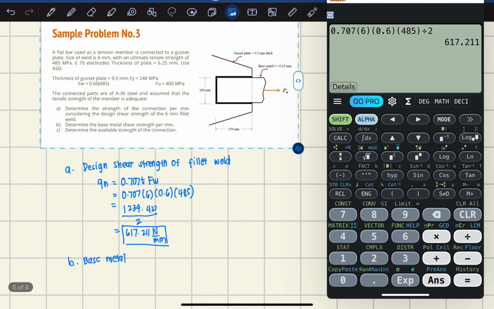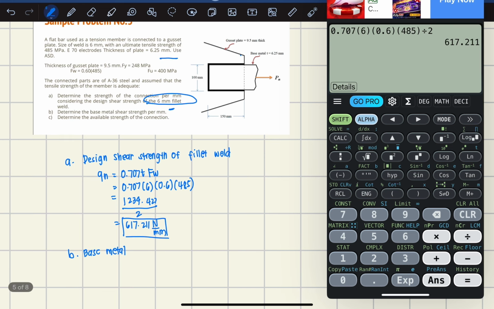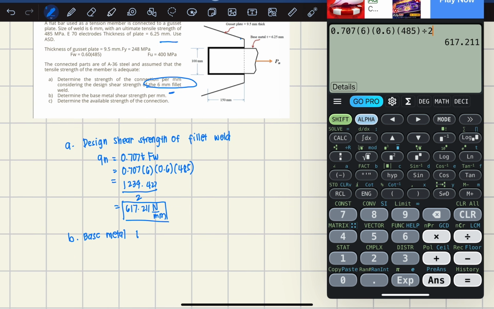Ito po yun. Then, ito naman is yung gusset plate na may thickness na 9.5. So, wag kayong malito sa mga thickness. Kung ano yung ikino-connect nung fillet weld, iyon yung base plate natin. So, this one na may thickness na 6.25. So, yung thickness dito is 6.25 mm.